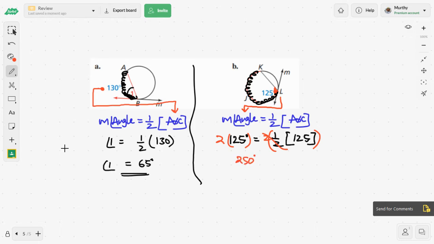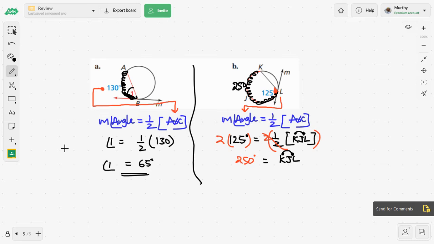That's the measure of, oops, I'm sorry, here I made a small mistake. The arc, I just copied as 125. It is not. Here the arc is KJL. It is KJL. My bad. I copied 125 there. I'm sorry for that. So measure of arc KJL equals 250.